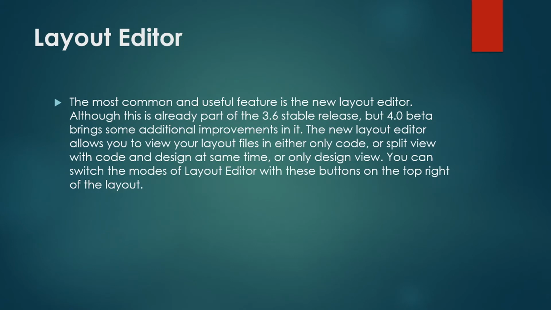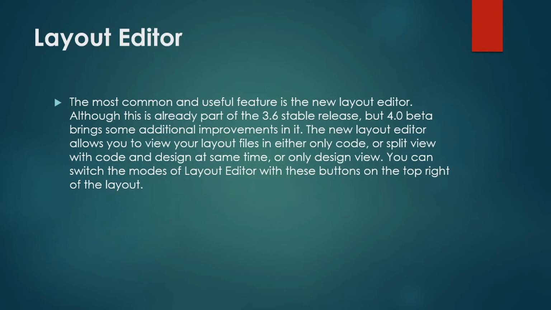The most common and useful feature is the new layout editor. Although this is already part of the 3.6 stable release, 4.0 beta brings some additional improvements. The new layout editor allows you to view your layout files in either only code, split view, code and design at the same time, or only design view.